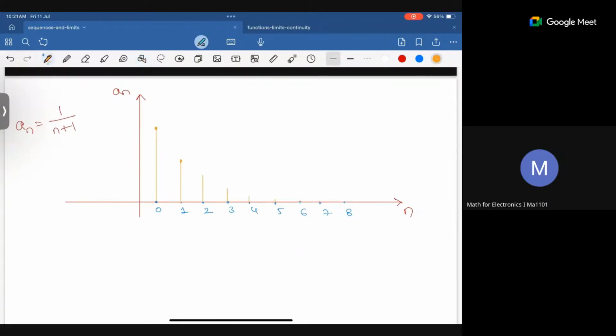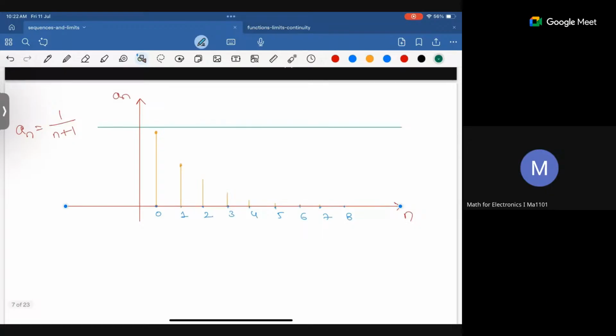If you can draw a horizontal line such that none of your terms go above or intersect that horizontal line, meaning none of your stems cut or go above that line, then that line's value, or that equation value, will act as an upper bound.